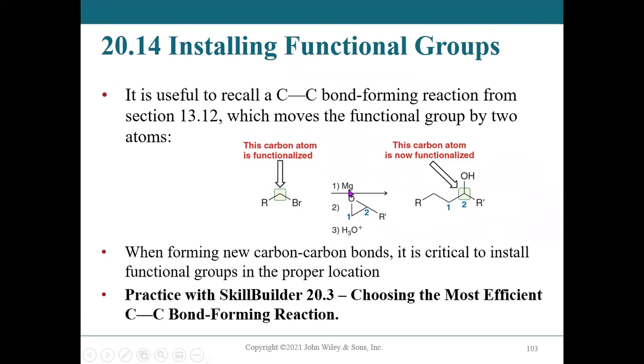So we can use these few steps, use magnesium, then use some alkoxide, and we are adding 2 more carbons. This R can also have some carbon here. So therefore, we shifted from this functionalized carbon to this carbon. And so when forming a new carbon-carbon bond, it is critical to install the functional group in the proper location.